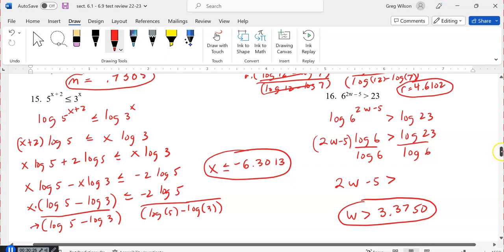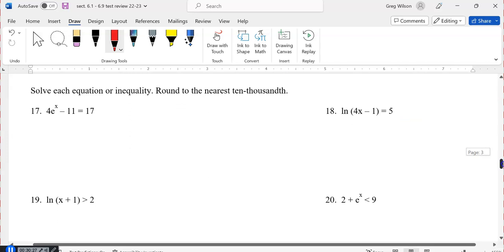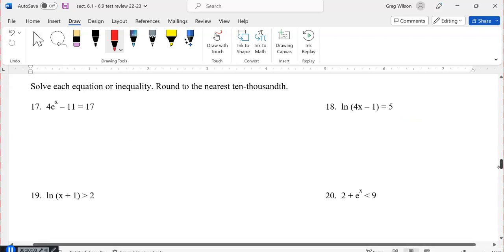All right, moving right along. Now we're going to get into some exponential and natural log equations. So just a little tip here, when you're solving these exponential equations like 17 or inequalities like 20, it's true in both cases, you want to isolate e to whatever the power of e is first.